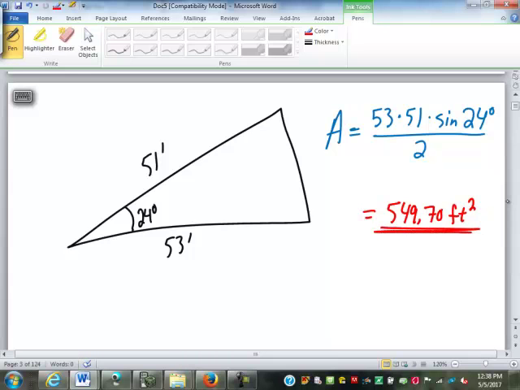Here, 549.70. And of course, the lengths are in feet, so that area is in square feet. Good.